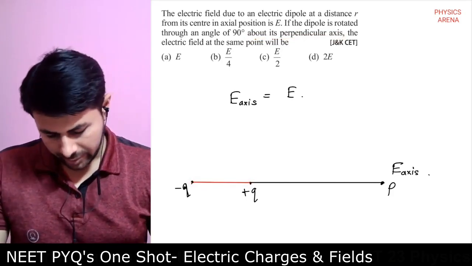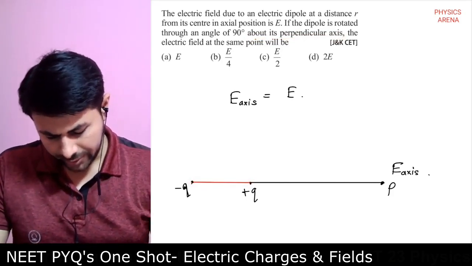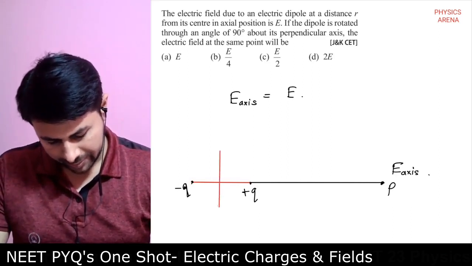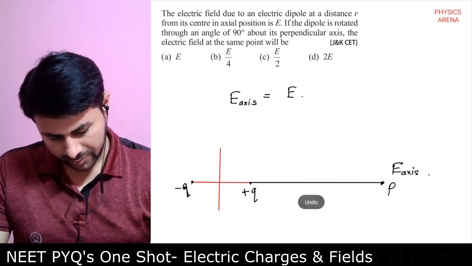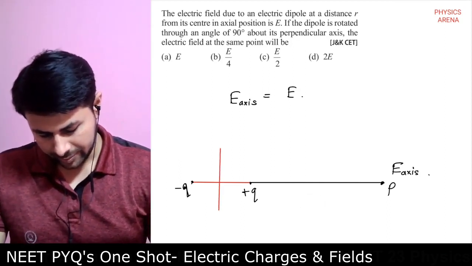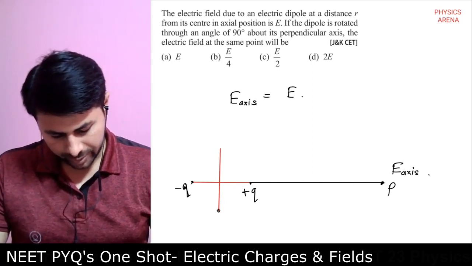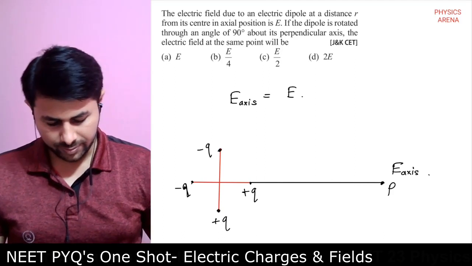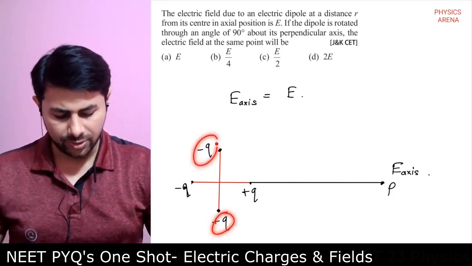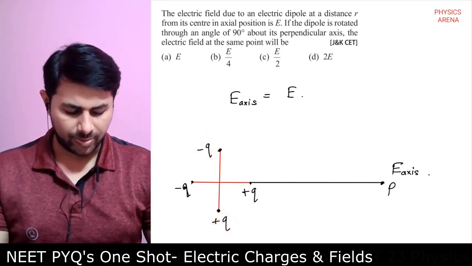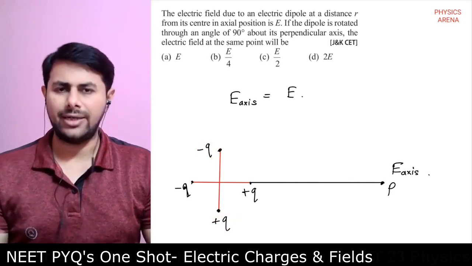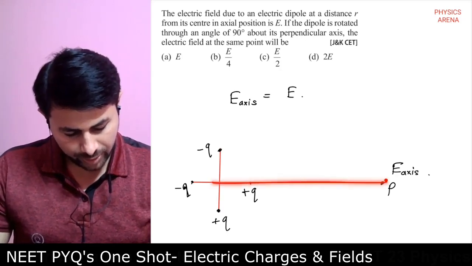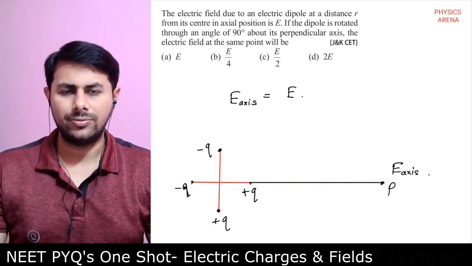So the new position of the dipole will be like this, plus Q, minus Q, or minus Q and plus Q depending upon how you rotate it. It is rotated by 90 degrees, so this point will be at the equator now.